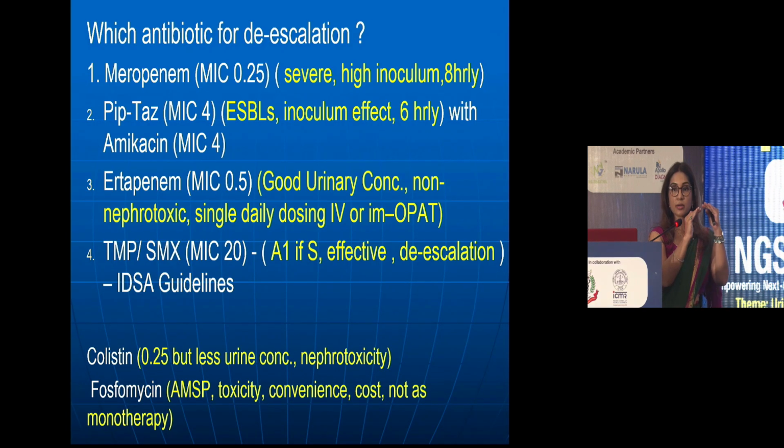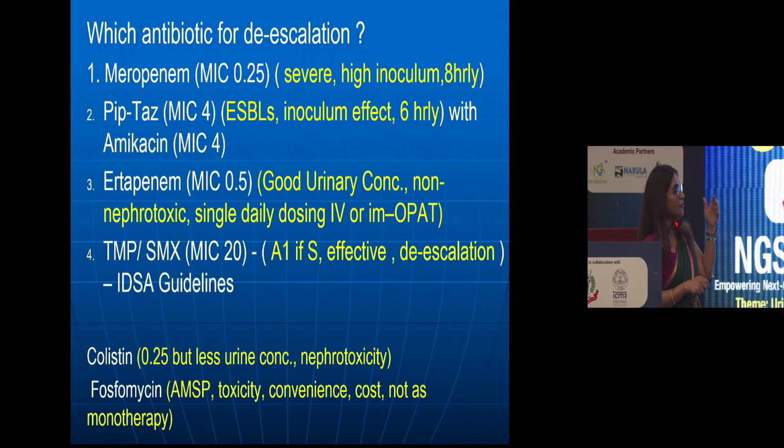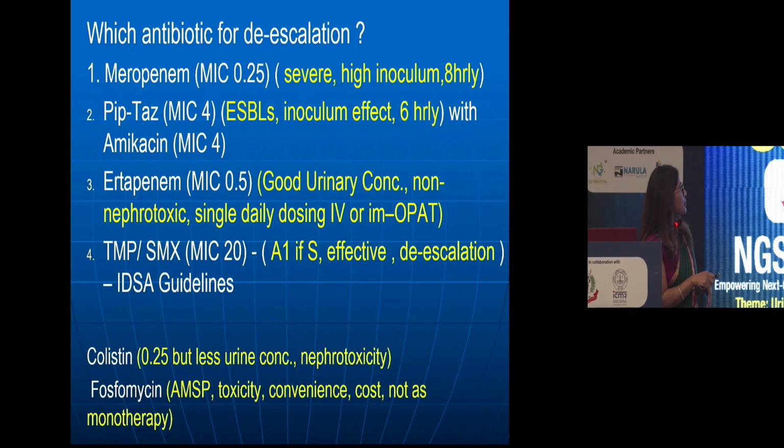Ideally, the crux is that the MIC of the organism should be much lower than the susceptibility breakpoint, and here we have to think about de-escalation as well if there are other susceptible antibiotics. So, instead of meropenem, once the patient improves, we can choose ertapenem as an alternative drug.